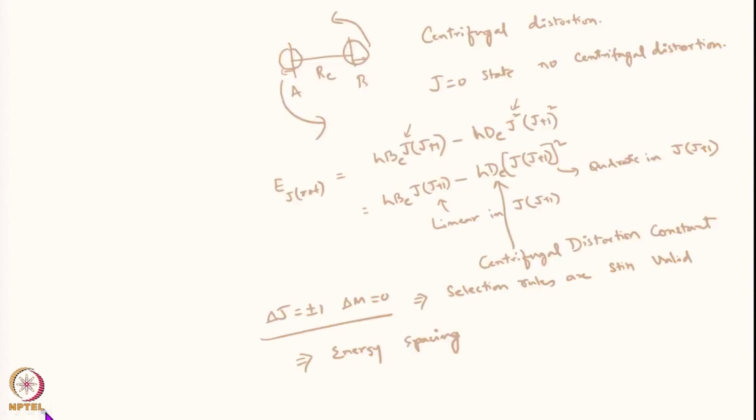Now, when you did not have the centrifugal distortion, the rotation energy E_rot is given by h B_e J(J+1).